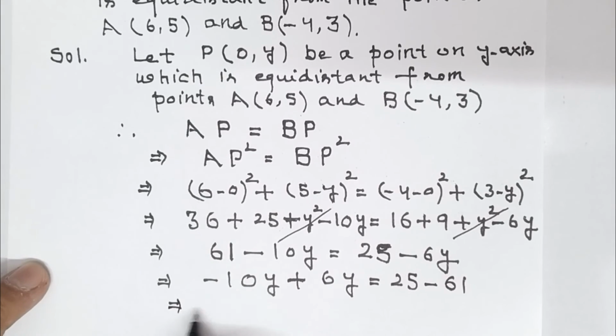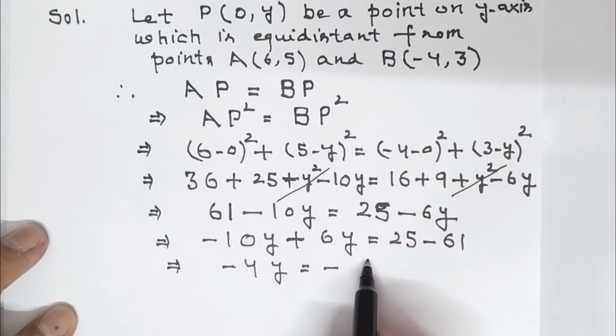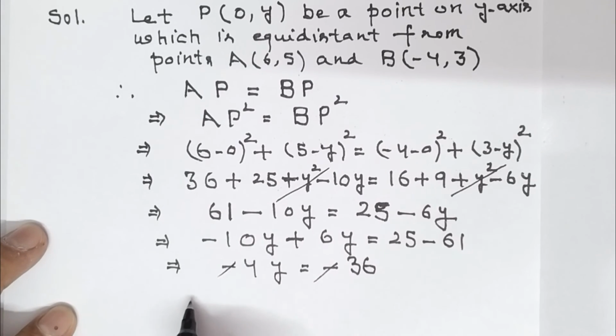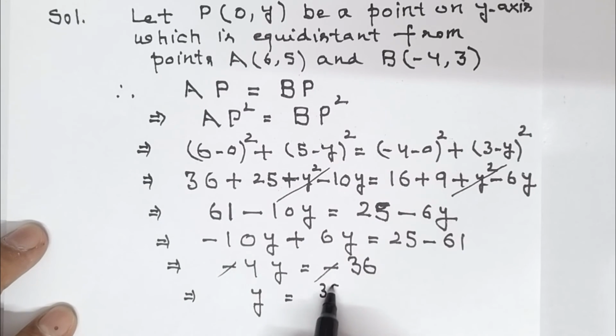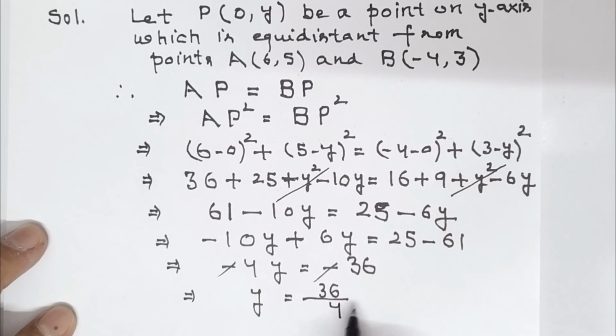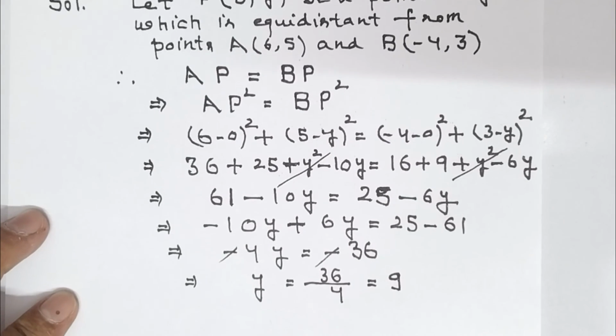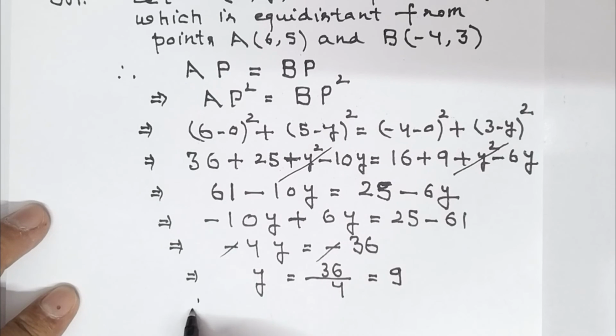So minus 10 plus 6 is minus 4y is equal to 25 minus 61, that is minus 36. So minus minus cancel. y is equal to 36 over 4, that is equal to 9. So we have found the value of y as 9.